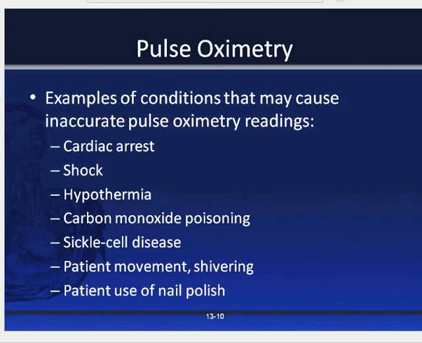Carbon monoxide poisoning causes false readings because carbon monoxide binds to hemoglobin similarly to oxygen. Sickle cell disease causes a variation in the shape of hemoglobin. If the patient is moving or shivering, the pulse ox may bounce around and give an inaccurate reading. And as far as nail polish goes, the nail polish may block the sensor altogether.